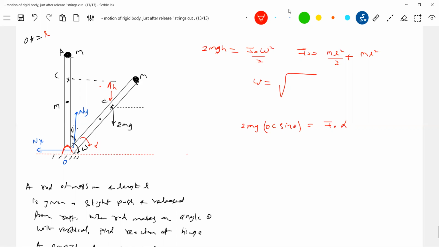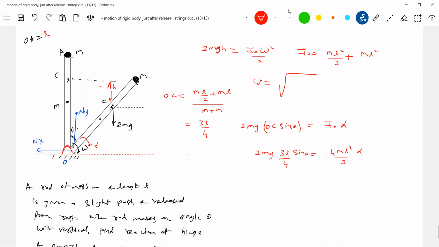Any center of mass formula shall apply. Distance OC equals (m times L by 2 plus m times L) divided by (m plus m), which is 3L by 4. Substituting this, 3L by 4 sine theta is equal to 4ml square by 3 into alpha, the moment of inertia. So I'll get the alpha.